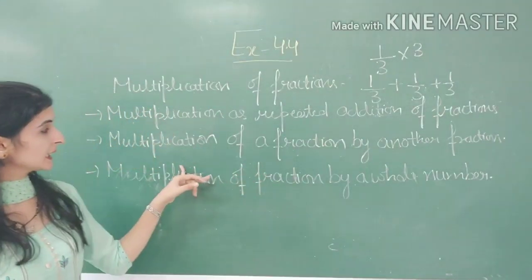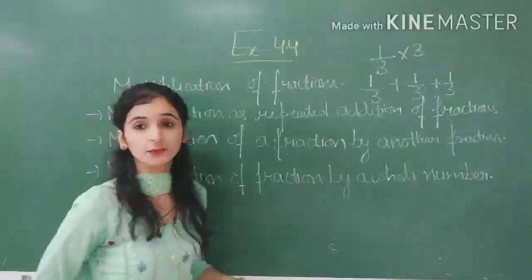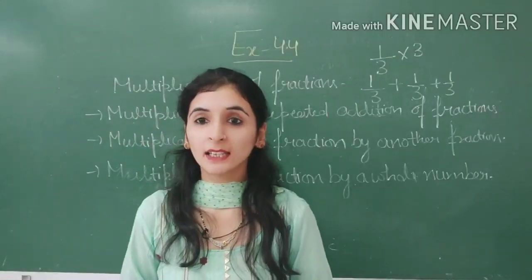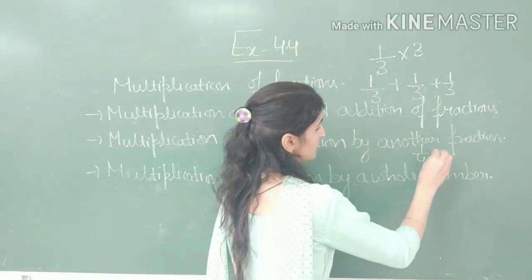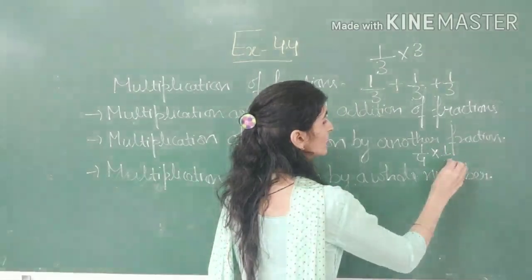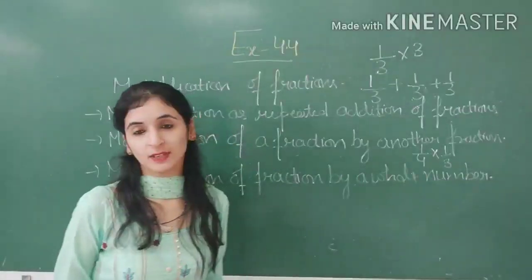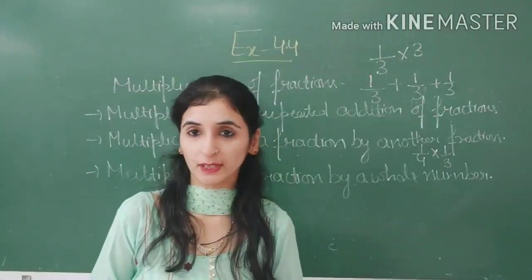After that, the second case is multiplication of a fraction by another fraction. Suppose we are given 1 by 4 and we have to multiply it by 1 by 3. This is the second case, when we have to multiply a given fraction by another fraction.